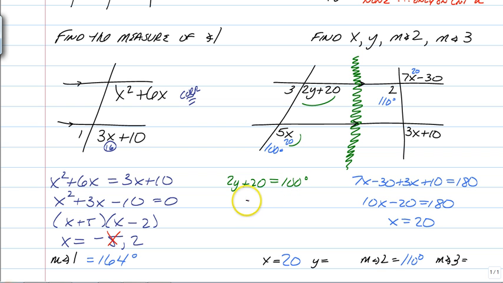And that's going to give you y is equal to 40. And now that you know y is equal to 40, now you can go back and find the measure of angle 3. You also could have done it right off the bat with this guy because we know this is going to be 100. So angle 3 is supplementary, so it has to be 80 degrees.